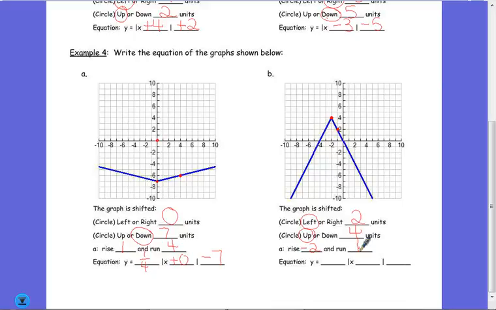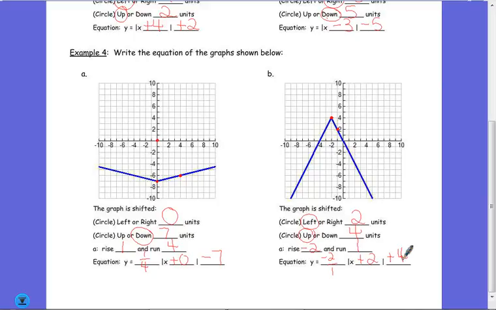So our first blank is -2/1. Our left and right, since we're going left, normally it's -2, but we think the opposite, so it's +2, and then we go up 4, which is also a +4.